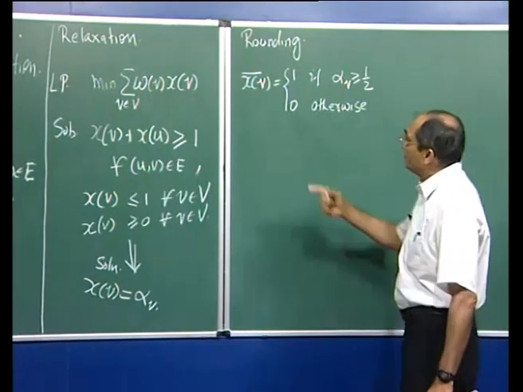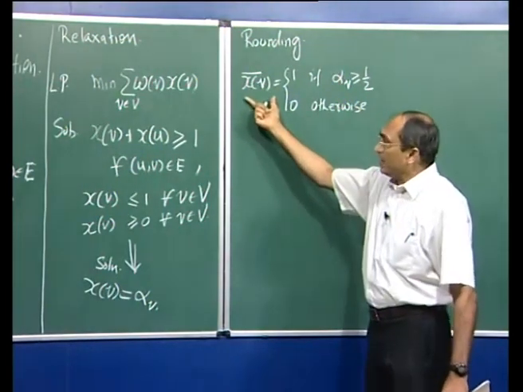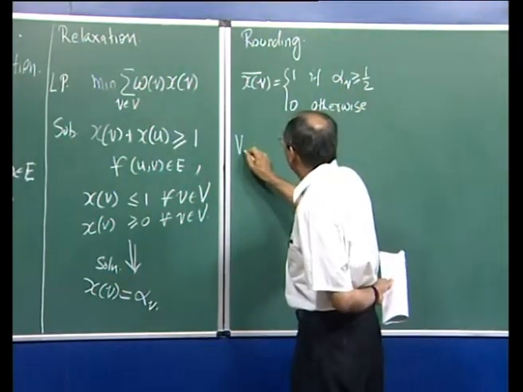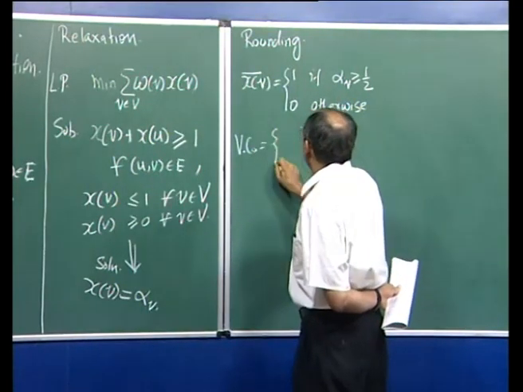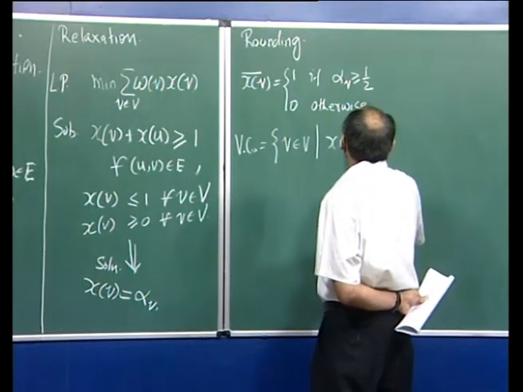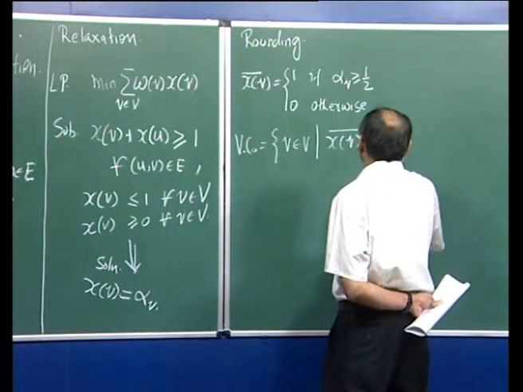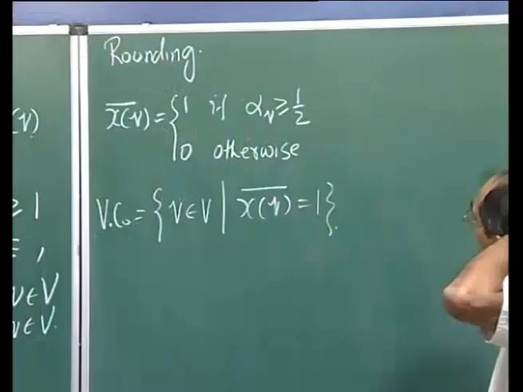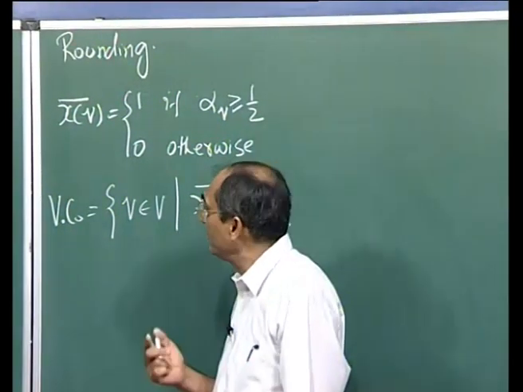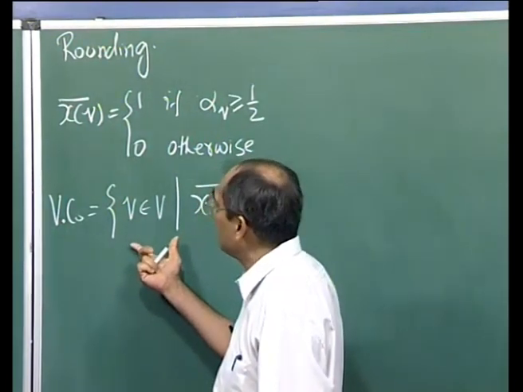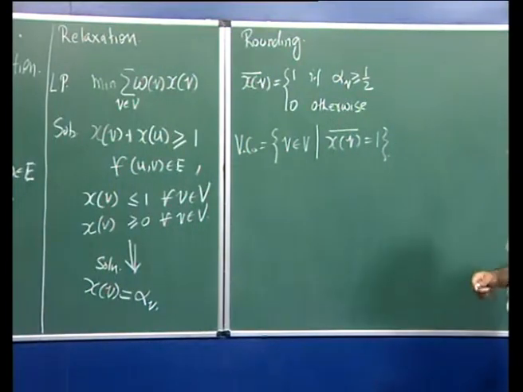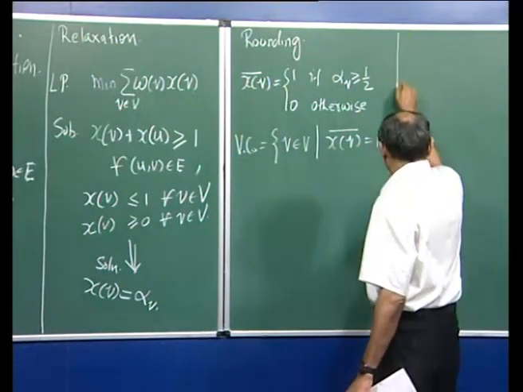Now this satisfies this integrality condition, and we are going to interpret a vertex cover as the set of V such that X_V bar is 1. Well, we have to show that this is indeed a vertex cover, and then we have to see what is the weight of this cover and how does it compare with the optimum solution. So, these are the two steps that we have to now do.